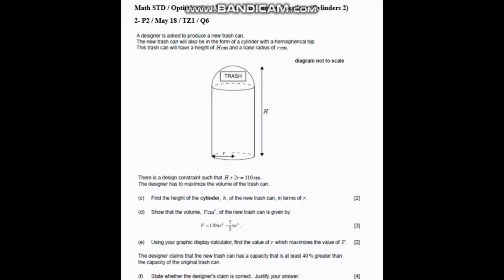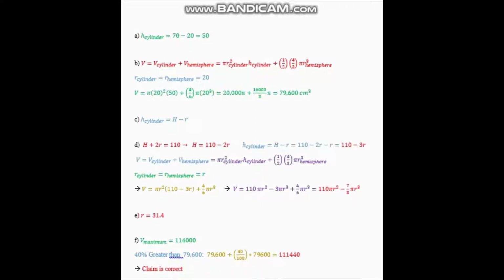In F, I'm told that the designer claims that the new trash can has a capacity that is at least 40% greater than the capacity of the original trash can. State whether the designer's claim is correct and justify your answer. So the old volume was 79,600 centimeters cubed, and the new maximum volume is 114,000 roughly.